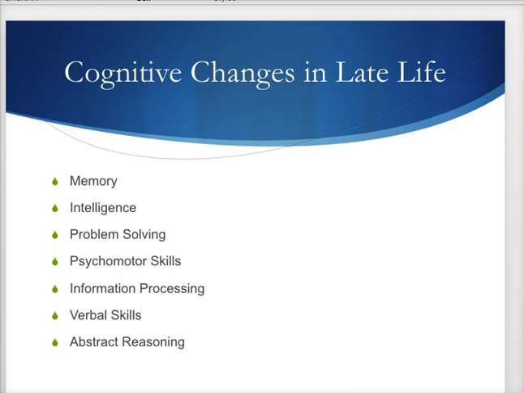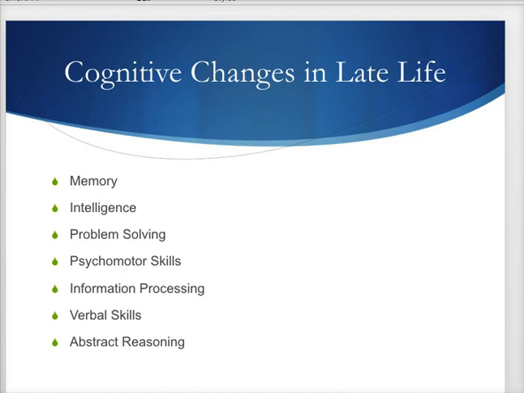With memory, there are very little changes in sensory memories. Short-term memory, there should be no decline except in pathology. And long-term memory, there's some decline, but not very much. There's some differences in encoding or working memory, but this is more with free recall than recognizing familiar things.